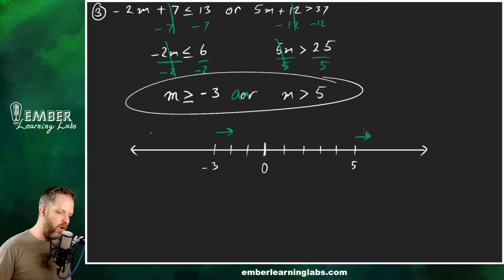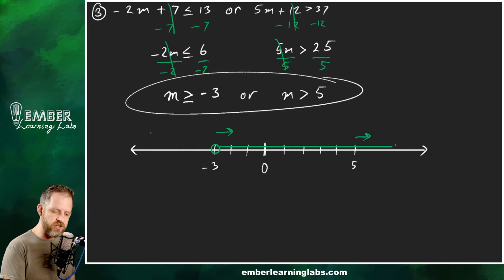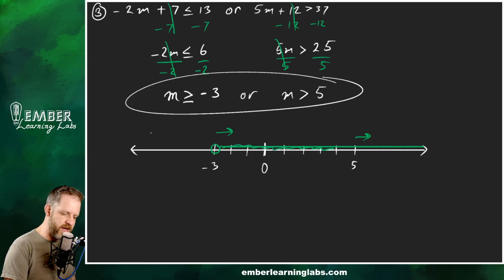But since it says or instead of and, we're going to shade both of these regions. So it includes the -3, and then we're actually going to go ahead and just shade straight through the 5 because it's this or that. So we get this entire region shaded.